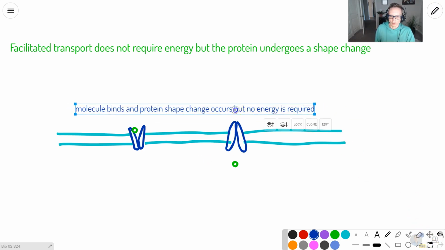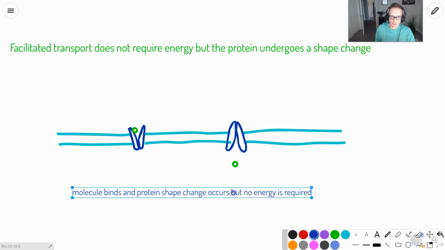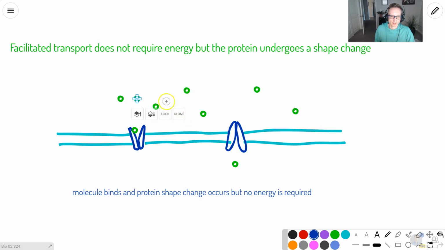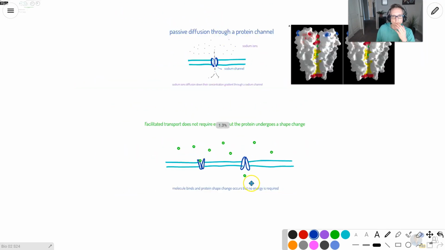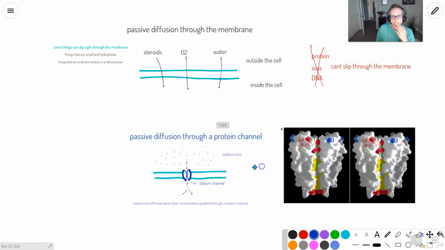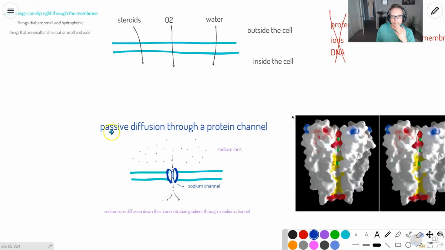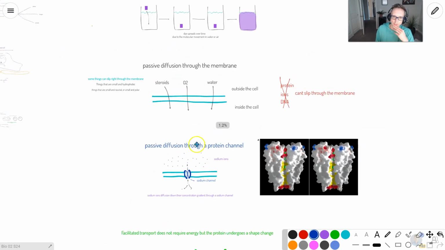So this is also always going to happen down the concentration gradient. So it would have to be high in concentration up here and low in concentration here. Same thing, passive diffusion is also going to go down the concentration gradient.